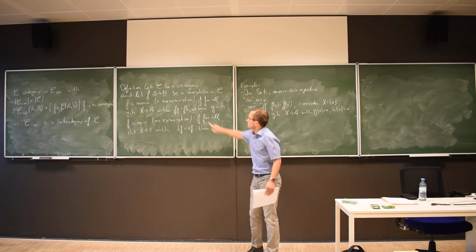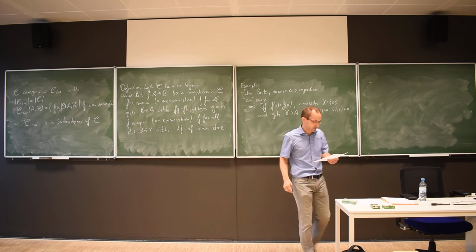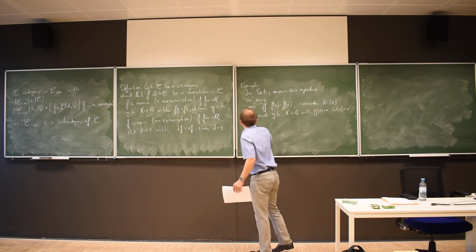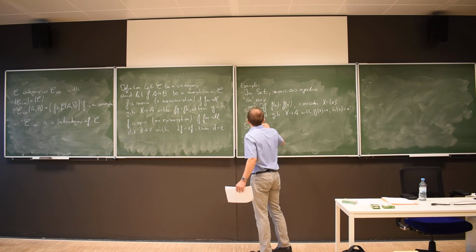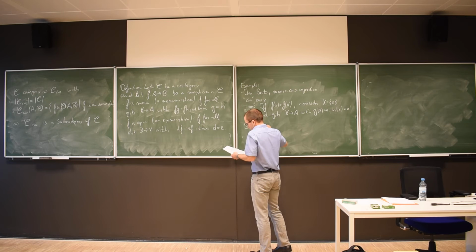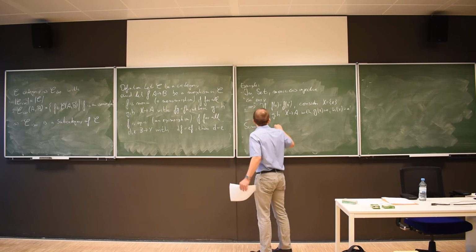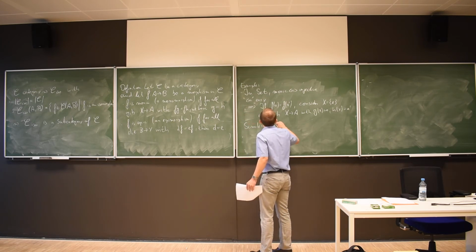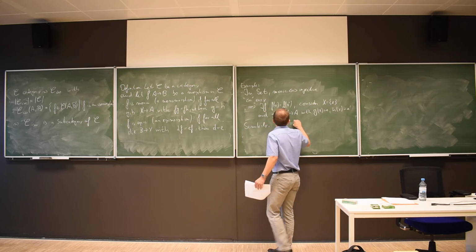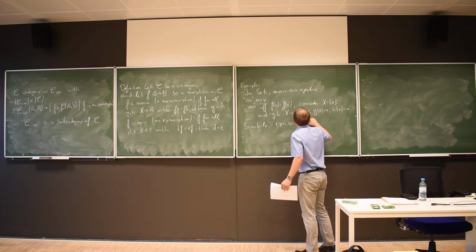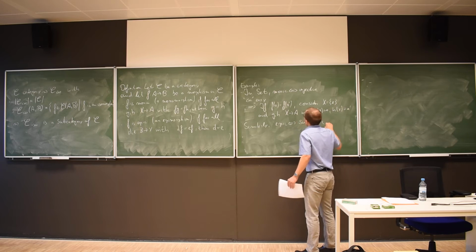So then let's look at this second part of the definition. And here it's true that in the category of sets, we similarly have that epic is equivalent to surjective.